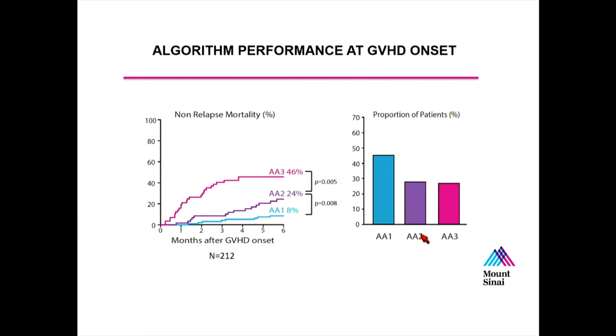This is also published, but as you remember from the first slides, Ann Arbor 2 was the most with about 55%, and Ann Arbor 1 was then only 25%.